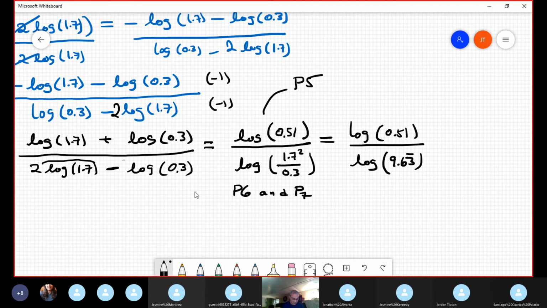Remember, the square is something like that. You put in the calculator 1.7 squared, division 0.3. Boom. The answer is 9.63 repeated. I don't care to repeat it. Well, you want to copy that.